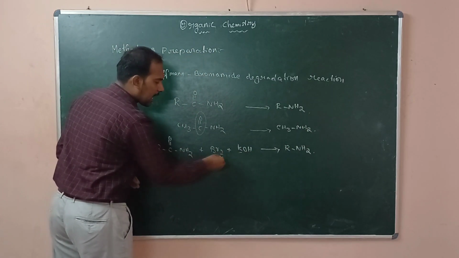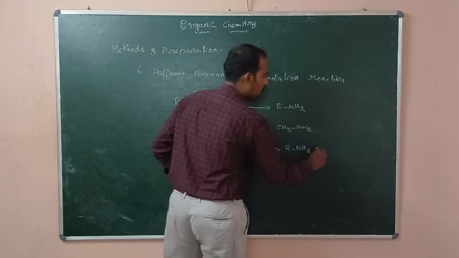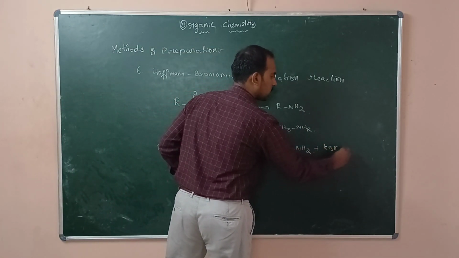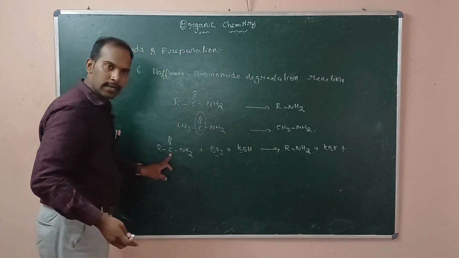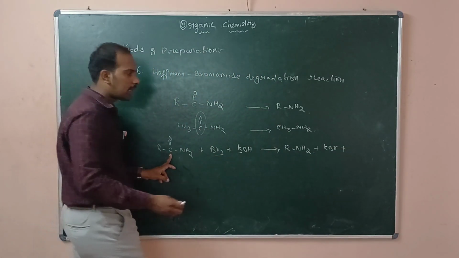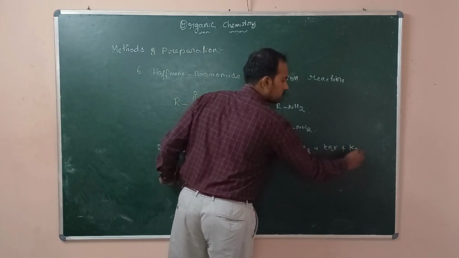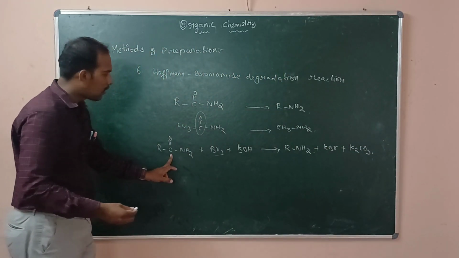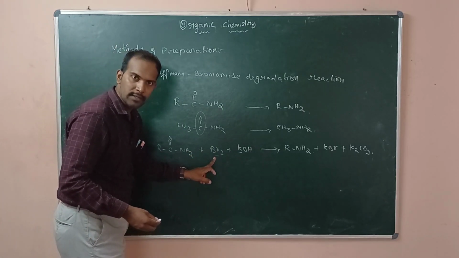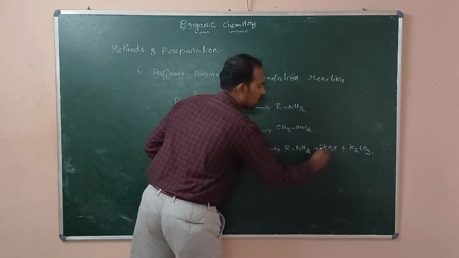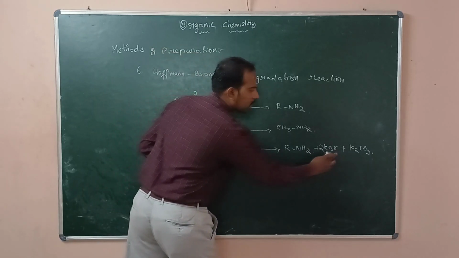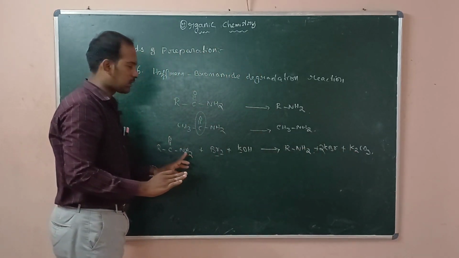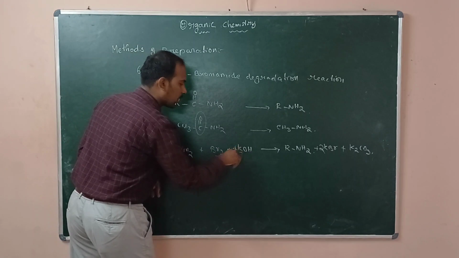The K and Br become KBr, and the potassium with this carbon becomes K2CO3. Let us balance this reaction. How many bromines are there? 2 bromines, so we write 2 KBr. Total potassium is 4, so we write 4 KOH.